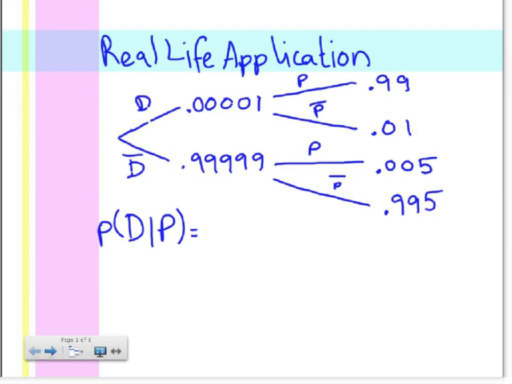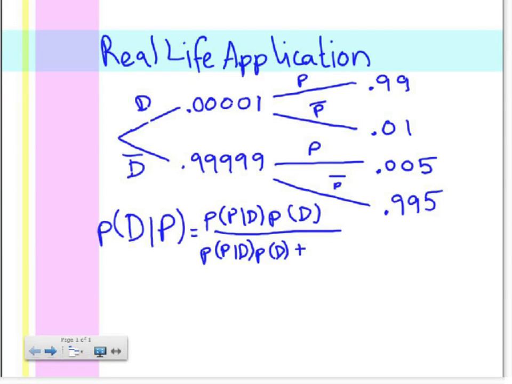There are two situations that we have to take into account here: those who have the disease and correctly test positive, and those who don't have the disease and still test positive. This case is known as a false positive. So all we have to do here is use our formula. This is equal to the probability of P given D times the probability of D, over the probability of P given D times the probability of D, plus the probability of P given not D times the probability of not D. We have all of these numbers, and it's basically plugging it in.